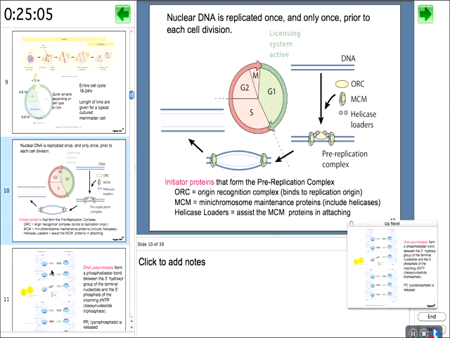Next in, there's really two of them that kind of come in together. Helicase loaders do exactly what they sound like. They attach to ORC, and they allow helicase in. They attach to the ORC protein, and they allow helicase to attach to them. So our sequence here is ORC binds to the ORI.